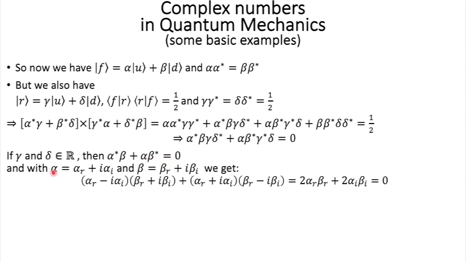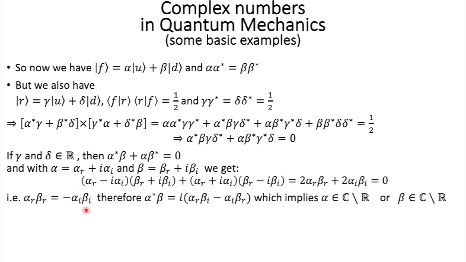Now, if we decompose alpha and beta with their real part and imaginary part like this, and we develop that, then we get this. And therefore, alpha star beta is equal to this, plus this, plus this. And since we have this equation here, that implies that we have this result here.